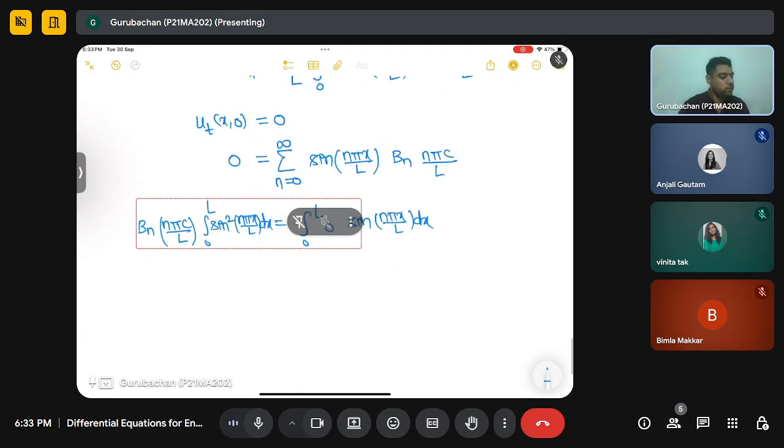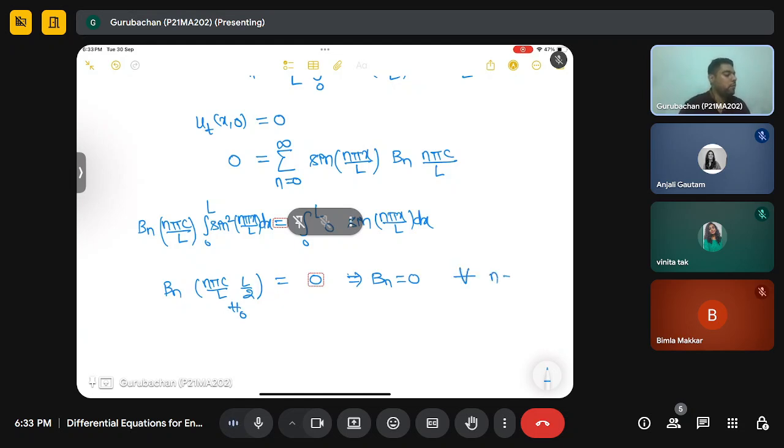Okay, so this value is 0 and this value is some n pi c by L, and this will give you L by 2. So ultimately this is some non-zero quantity, so this will imply bn is 0 for all n. So only the contribution will be given by our an.